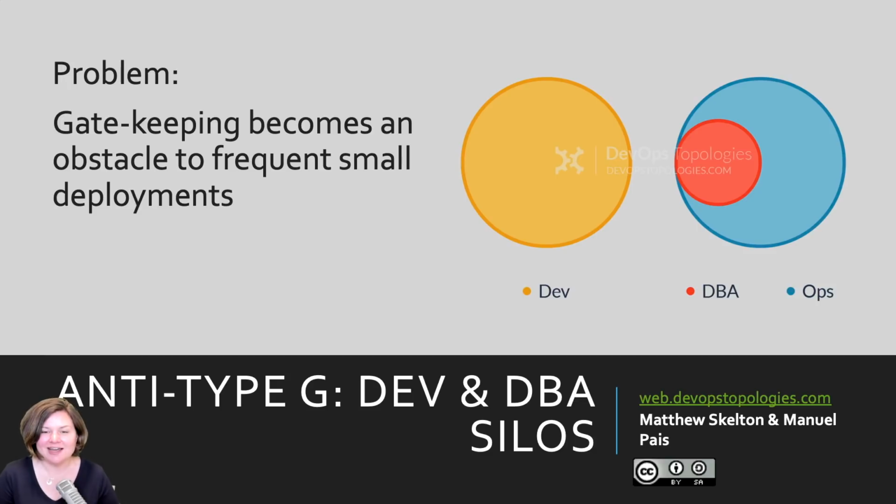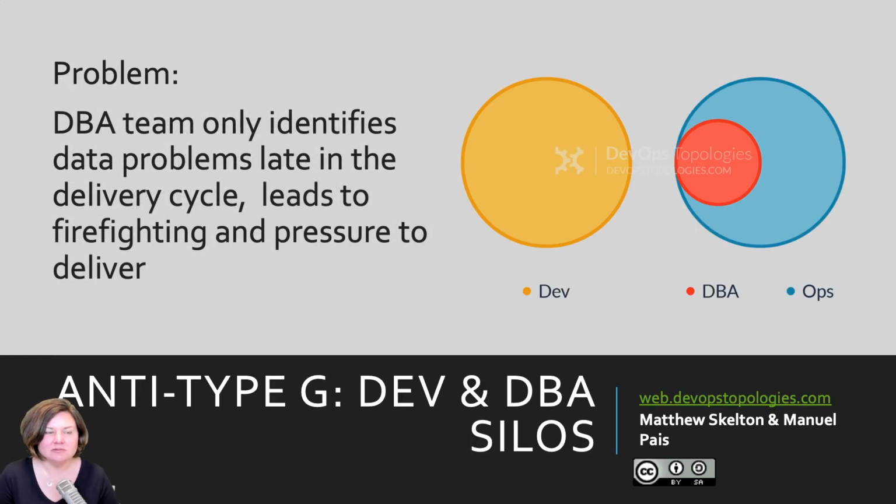It's very useful to have frequent small deployments, and having the groups really separated and doing this gatekeeping thing doesn't work well with frequent small deployments. Another thing is that if we are gatekeeping and identifying problems right before they're ready for production, we're causing a lot of rework, right?